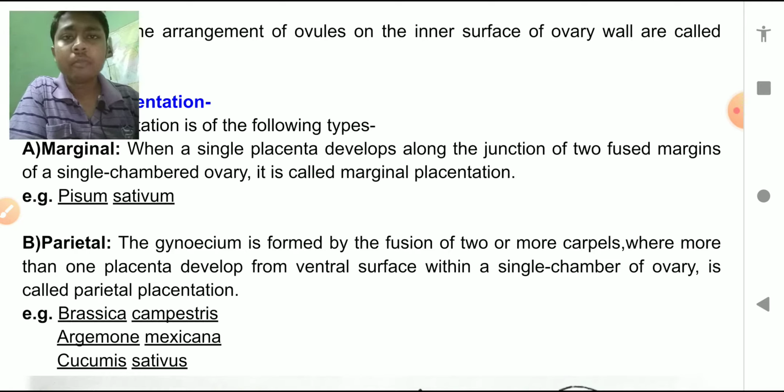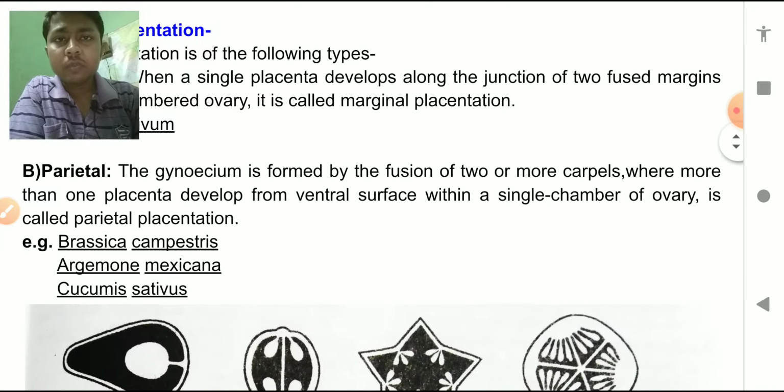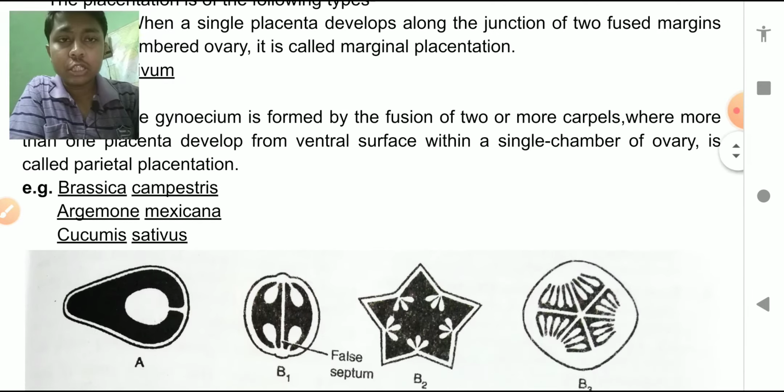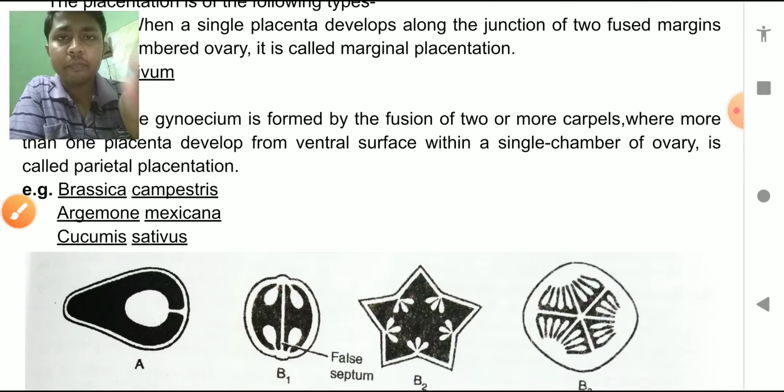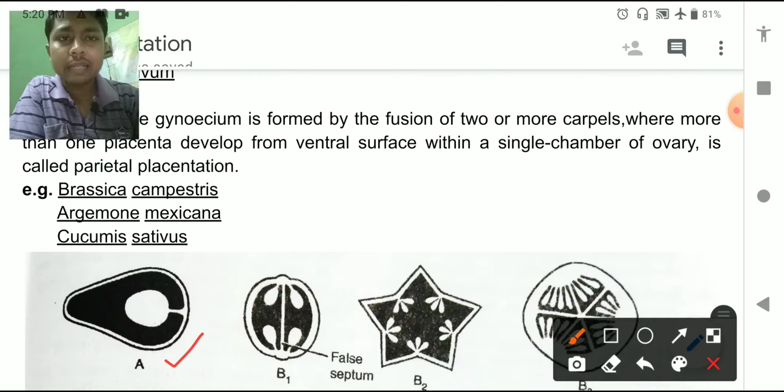This type is present in Pisum sativum. Marginal placentation looks like this. This is number A, and this type is called marginal placentation.